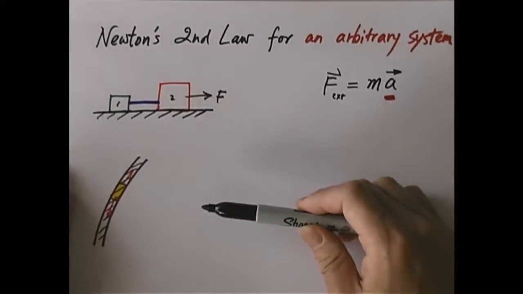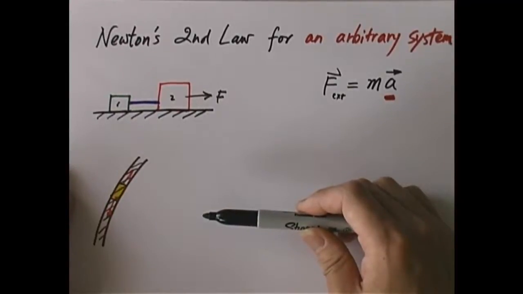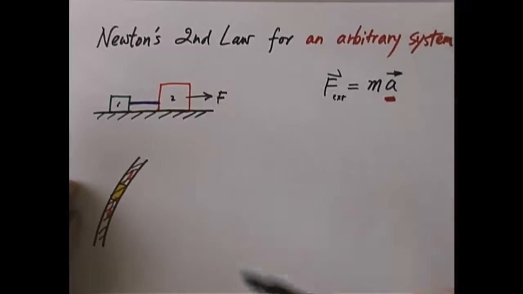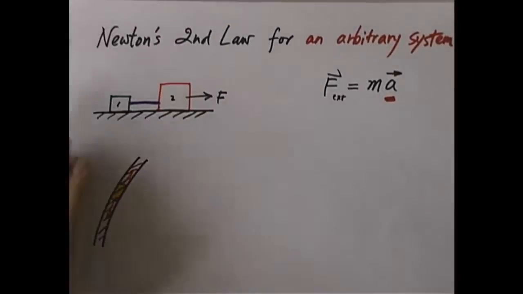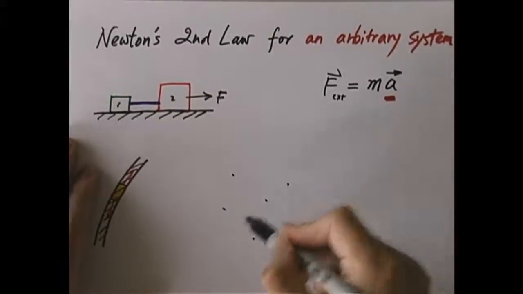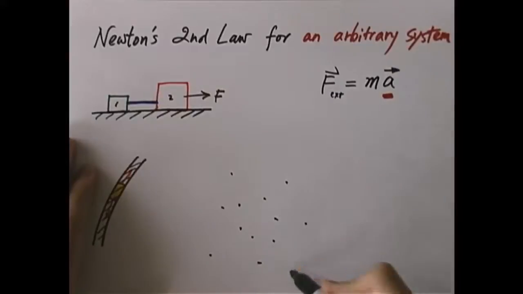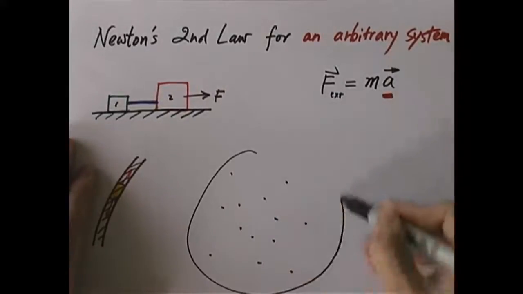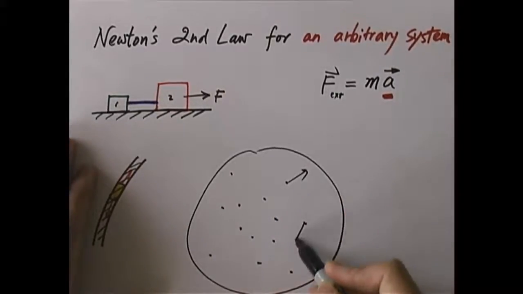And that is, now we can remove the condition that everything within the same system must have the same acceleration. I can consider just a random collection of particles, say a piece of cloud, and everything within our system may or may not have the same acceleration. Just put everything together like this. This guy accelerates this way, that guy accelerates that way.